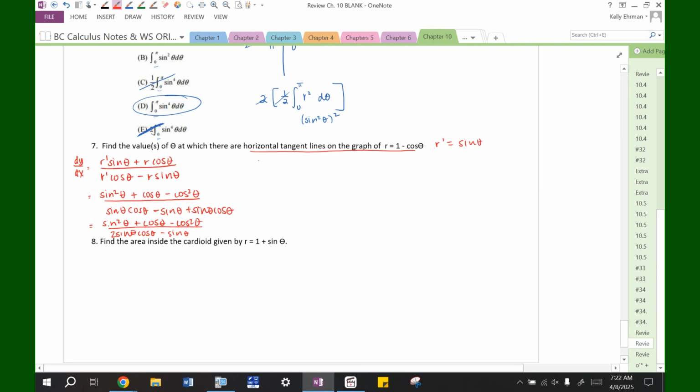All right, so horizontal tangent. So we're setting the top equal to 0. Now, if you're setting sine squared plus cosine minus cosine squared theta equal to 0, you can't factor this unless they're all in terms of sine or cosine. And because the linear term is just cosine, you've got to trade out the sine squared for 1 minus cosine squared.